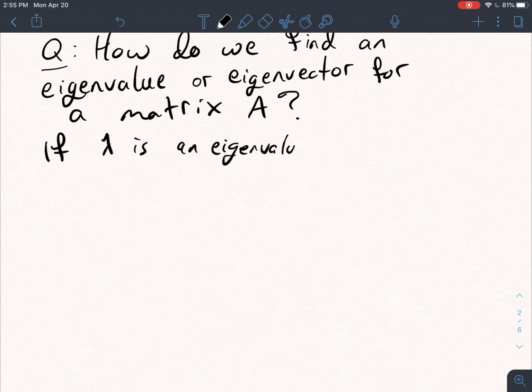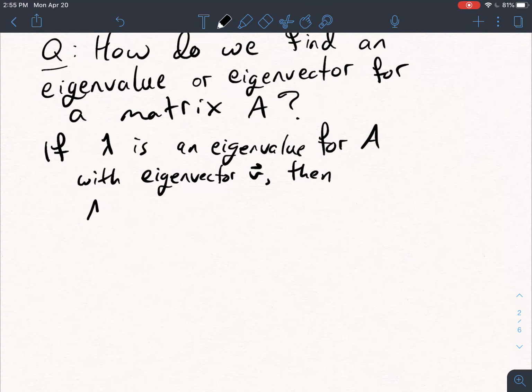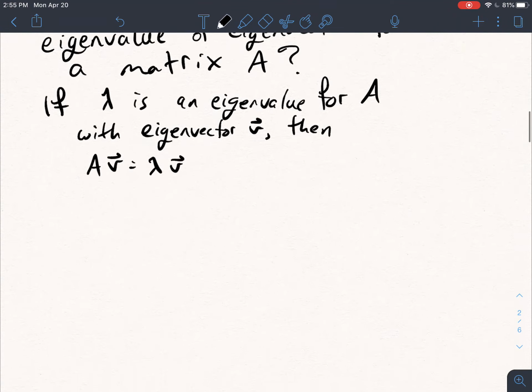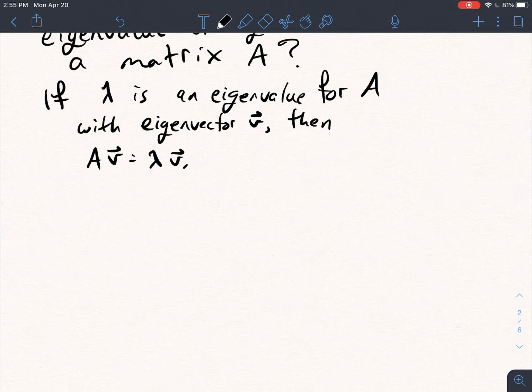Let's say lambda is an eigenvalue for a matrix A with eigenvector v. Then that means that Av is equal to lambda v. That's just what it means.